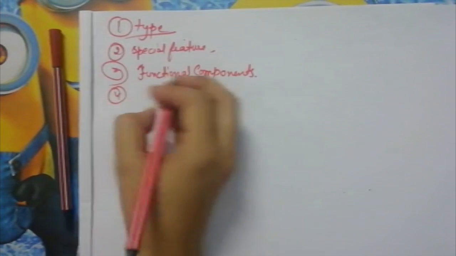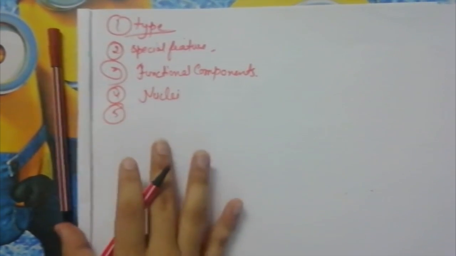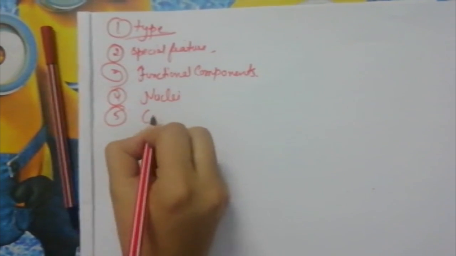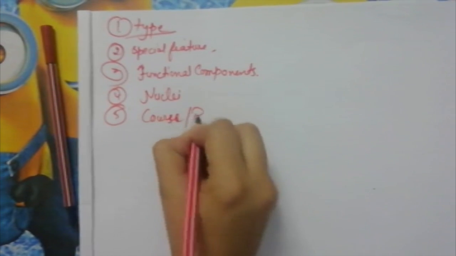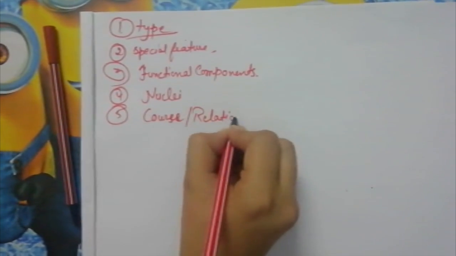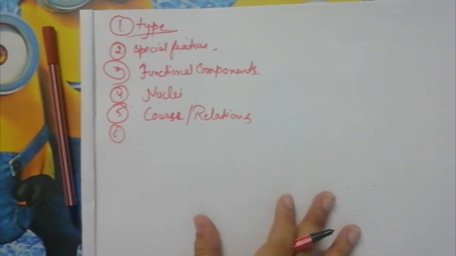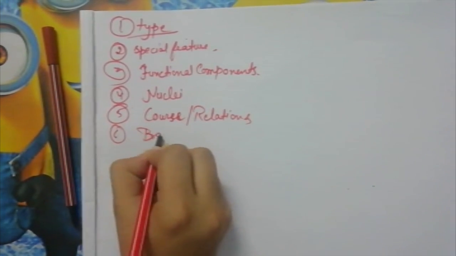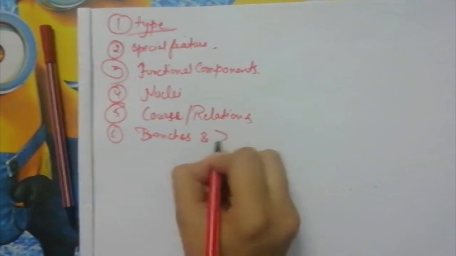Fourth is nuclei. Fifth is course and relations of the nerve. Sixth is branches and distribution.